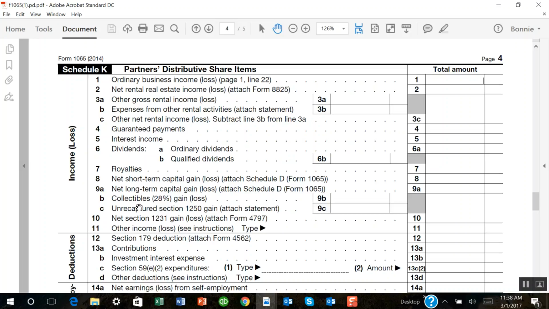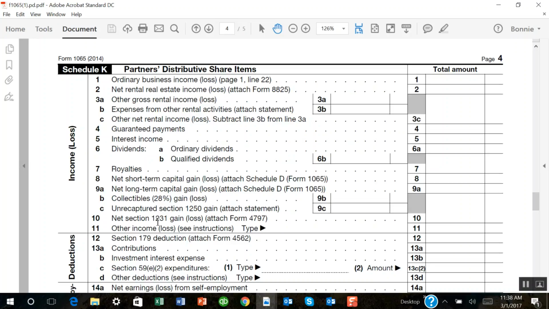Maybe even you sold something, an asset, and it could be a capital asset. If it was a sale of a capital asset, it would either go on line 8 if it was a capital asset that you had held for less than 1 year, or it would go on line 9a if it was an asset that you had held for a year or longer.